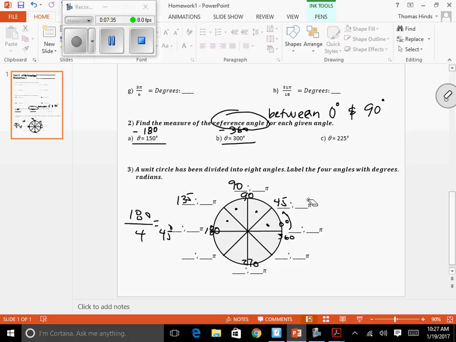Anybody know what the radian version is of 90 degrees? Half. So they put this pi on the side. I'll write it both ways so you can decide how you write it. 1/2 pi is 90 degrees, but normally we write it as pi over 2.